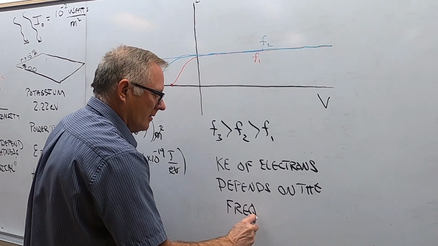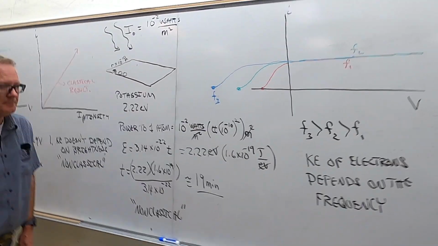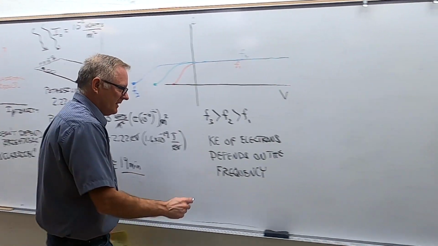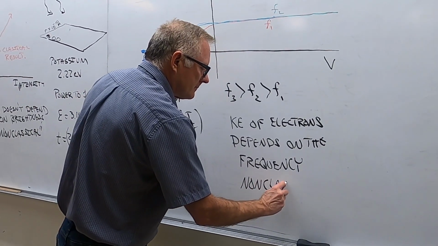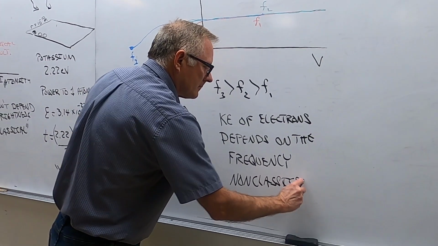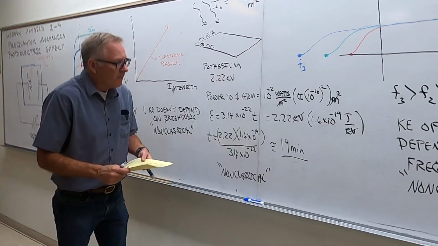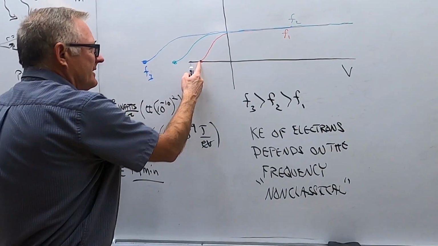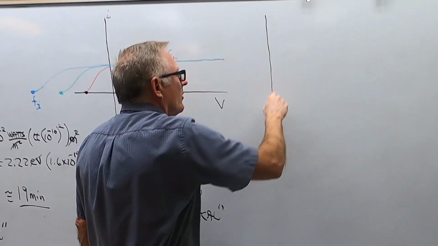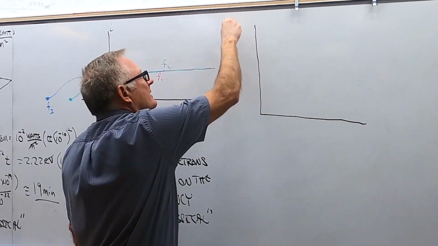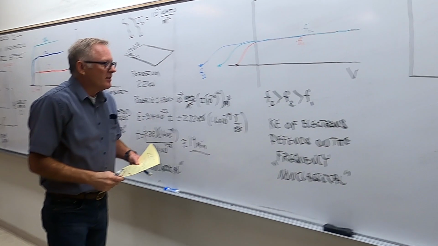Well, this is totally non-classical too. Why should it depend on the frequency? And if we were to plot out this maximum kinetic energy right here, or the stopping voltage, we'll call it the kinetic max as a function of frequency.